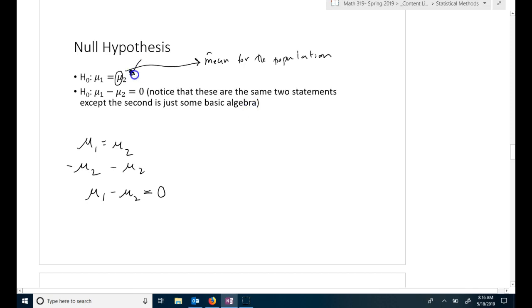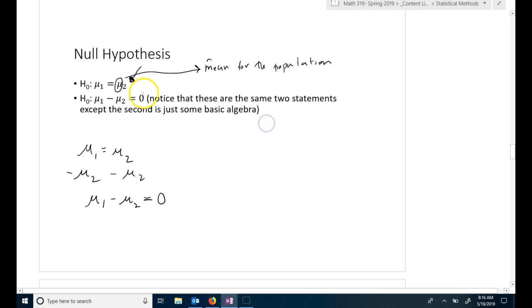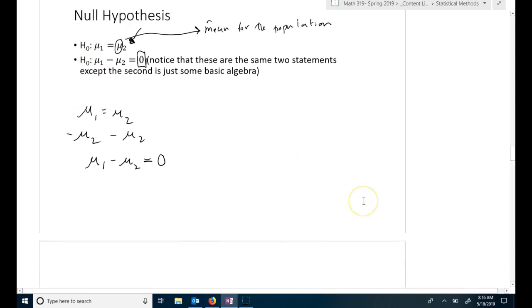And that's because what we're frequently talking about is that there is no difference, zero difference, versus there may be a difference, or we might already have a hypothesized difference. So you're oftentimes going to see this alternative way of writing the null hypothesis.